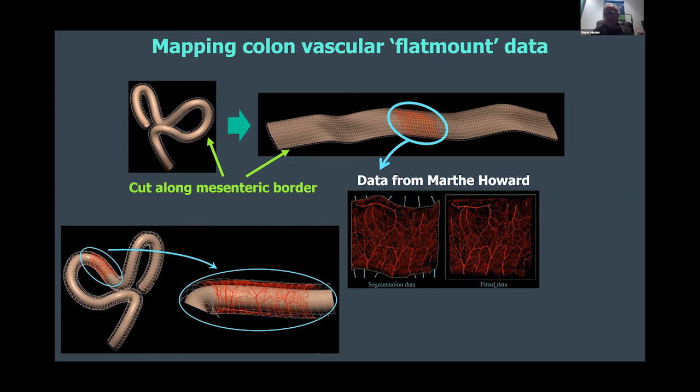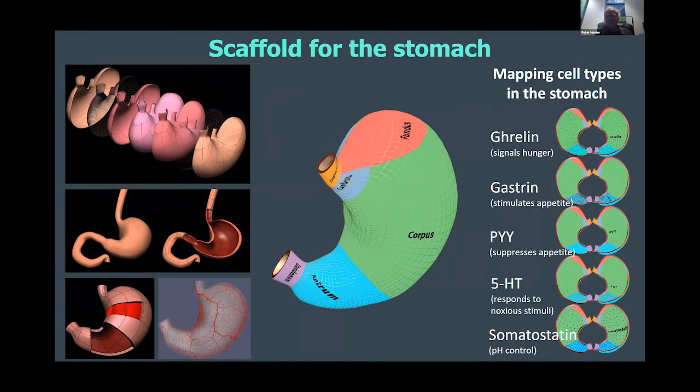So here's another example, and this one is for the stomach. And this is using data from the Terry Powley group at Purdue. So again, the scaffold is shown on the left. And here you need, and most of these scaffolds need, multiple layers through the wall to pick up the relevant detail at different depths through the wall.